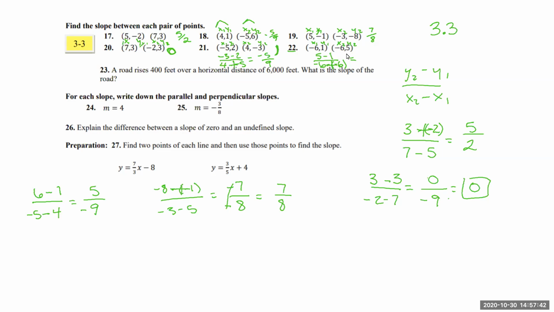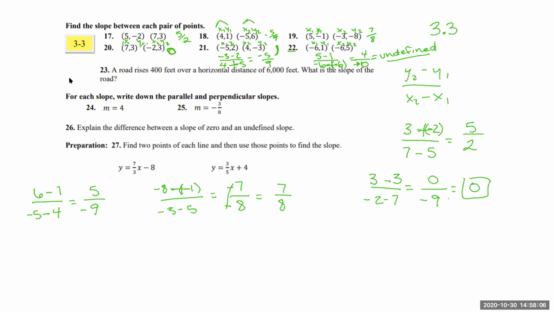What we're going to have is 5 minus 1 on top is 4. And then on the bottom, we have negative 6 plus 6, which is going to just give us a 0. Now, whenever we have a 0 on the bottom, that can never happen. So really what our answer here is going to be is undefined or does not exist. But I usually like undefined as this one.